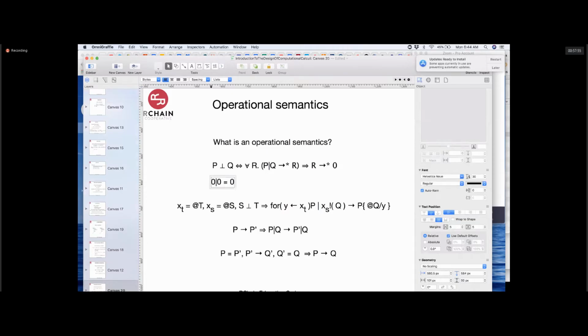Well, that implies that after 0 steps, 0 par 0 goes to 0.